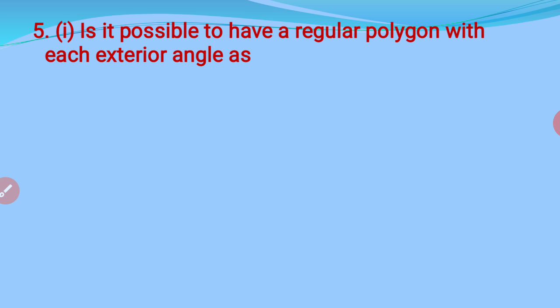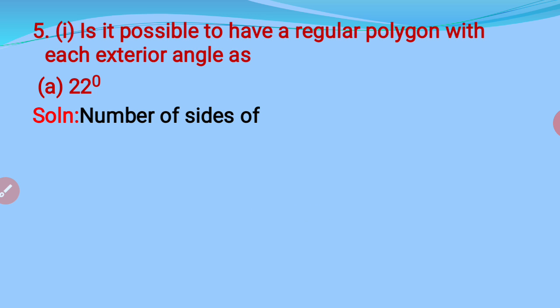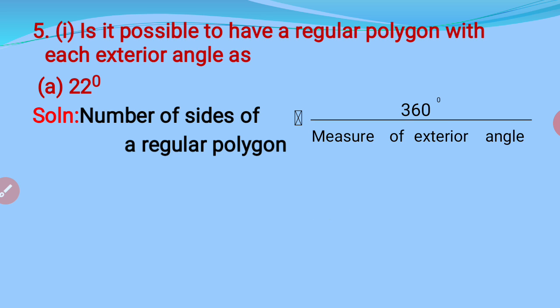Now the next question is, is it possible to have a regular polygon with each exterior angle as 22 degrees? Now if the exterior angle is 22 degrees, let us try to compute the number of sides. So the number of sides of the regular polygon will be total 360 divided by measure of each exterior angle. In this case it is given to be 22 degrees. So the answer is 16.3.